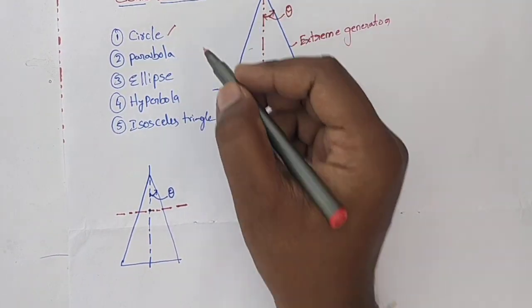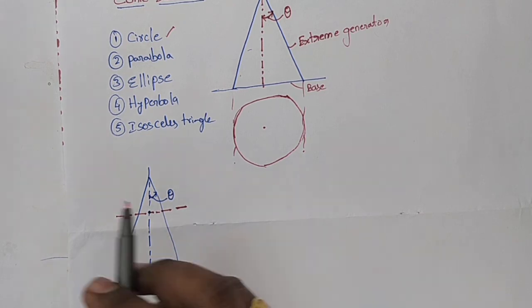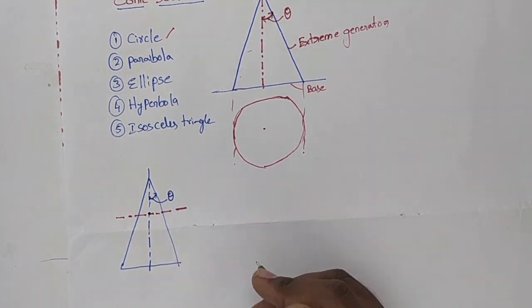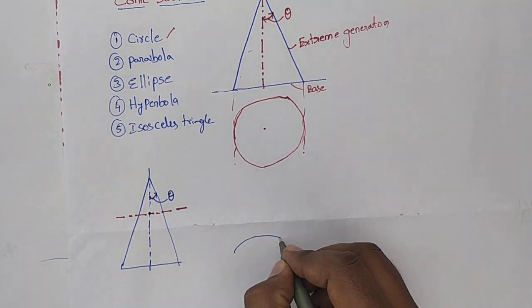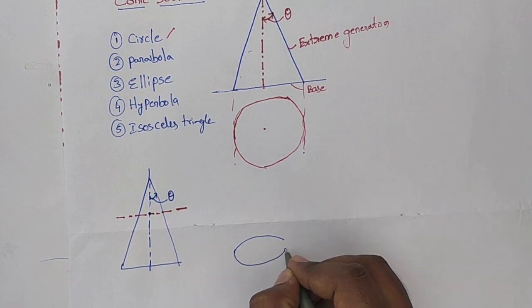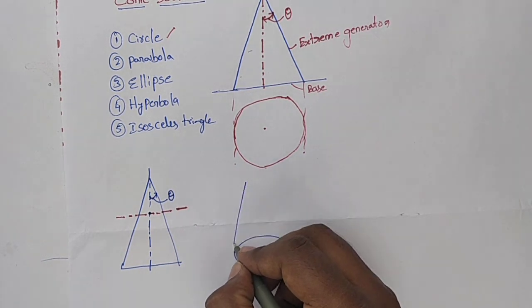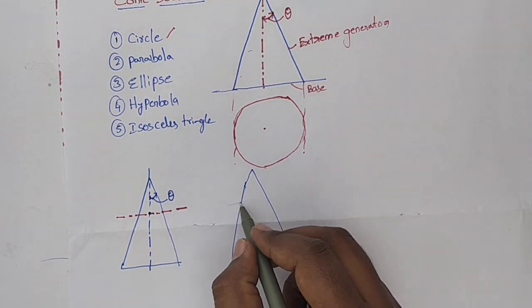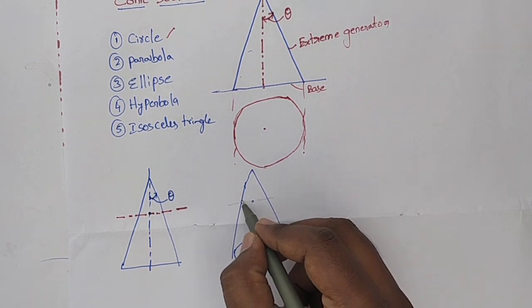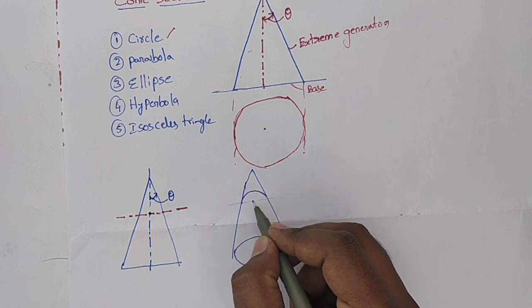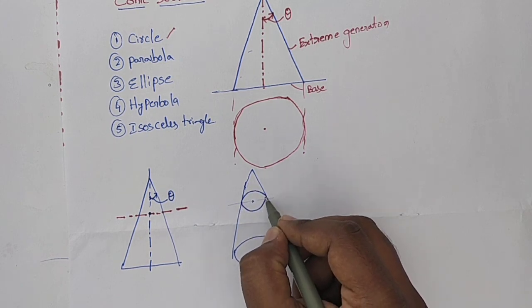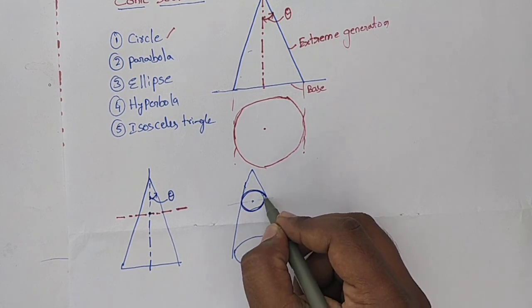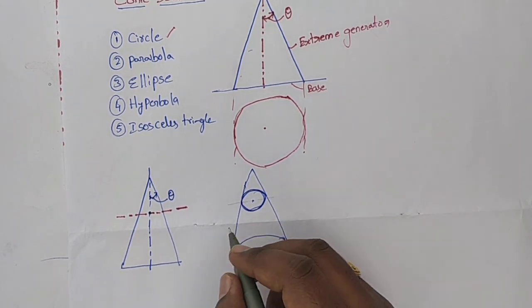Suppose I draw this in a three-dimensional case. This is the cutting point, and here we get the circular shape.